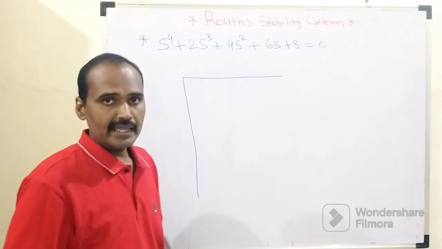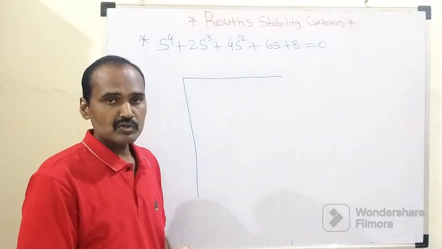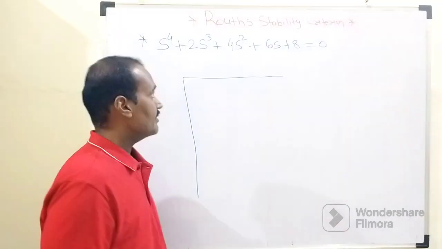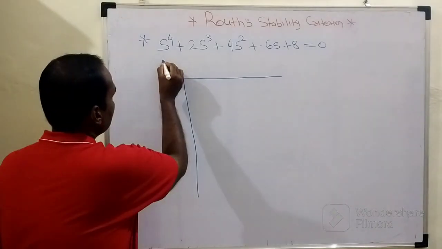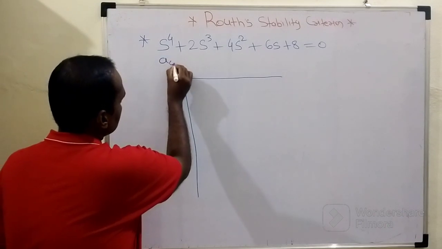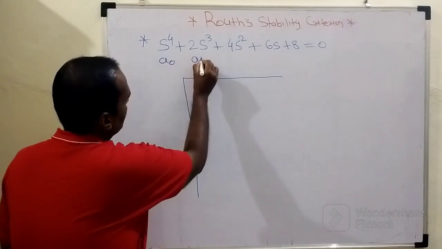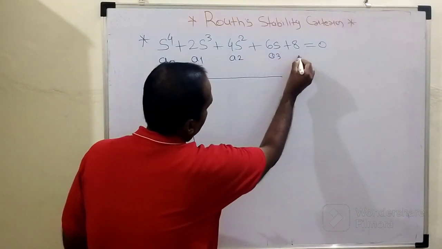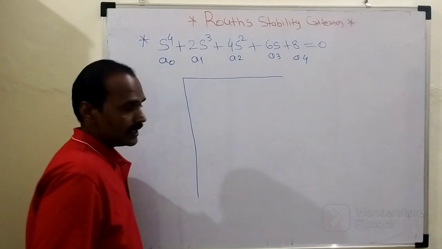Before declaring the elements of this Routh array, first of all we need to map the given characteristics equation in terms of different coefficients. We will start with this first coefficient, A0. This will be A1, this will be A2, this will be A3, and this will be A4, right?